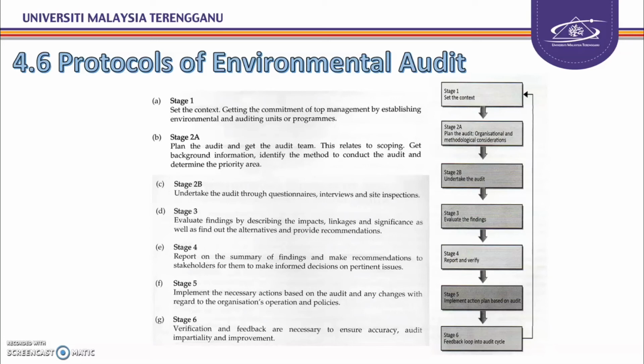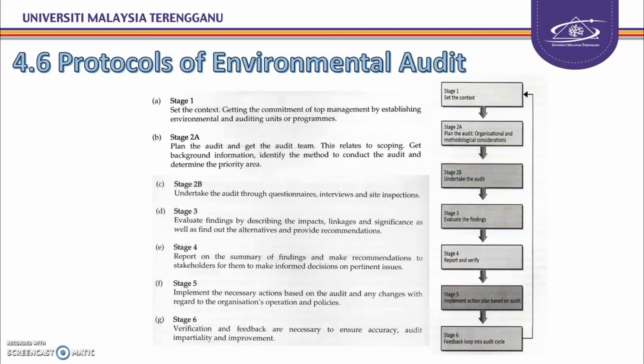This relates to scoping, getting background information, identifying the method to conduct the audit, and determining the priority areas. Then stage 2B, undertake the audit through questionnaire, interview or site inspection. Stage 3, evaluate findings by describing the impacts, linkage, and significance, as well as finding alternatives and providing recommendations.